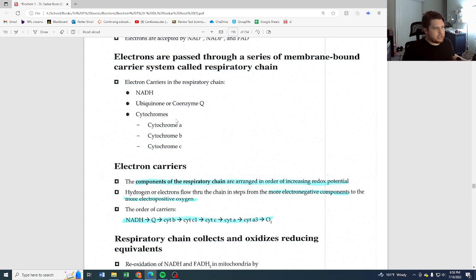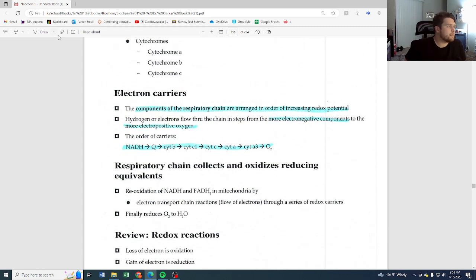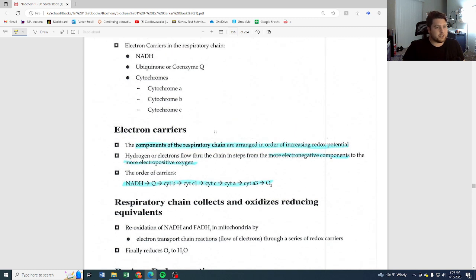The electron carriers in the respiratory chain are NADH, ubiquinone or coenzyme Q, and cytochromes, cytochrome A, B, and C. So the components of the respiratory chain are arranged in order of increasing redox potential.